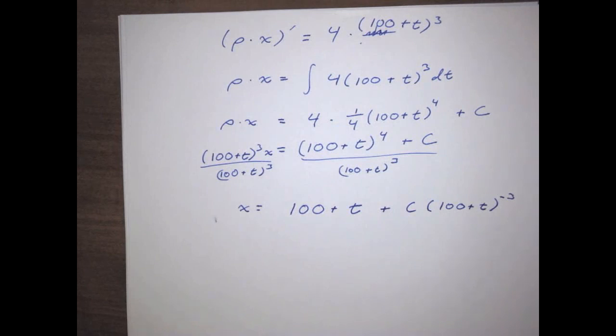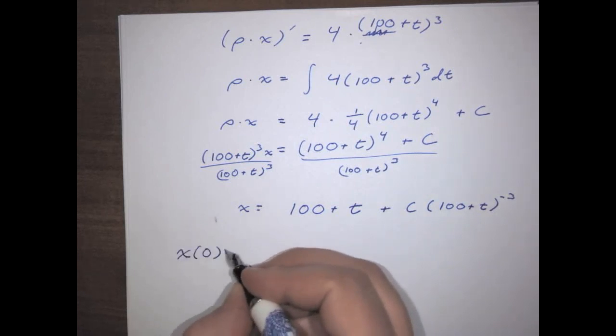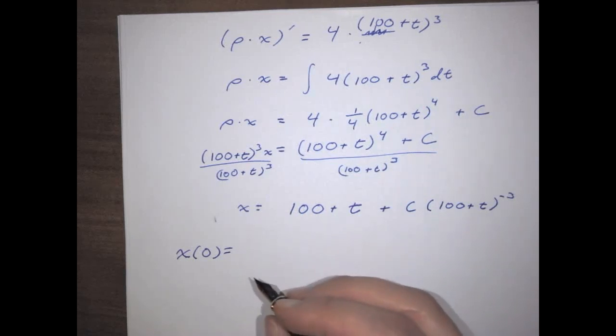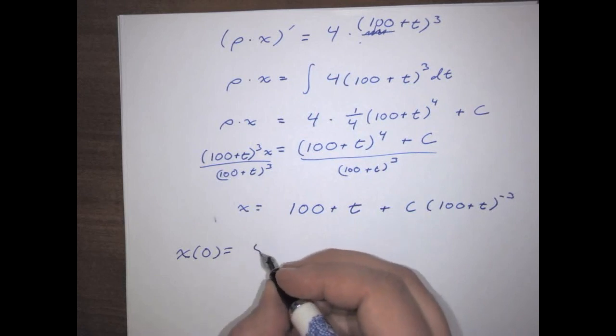And now to find the value of c, we just have to use the initial condition, and the initial condition here was the initial value of x. X of 0 was in this case equal to 50.